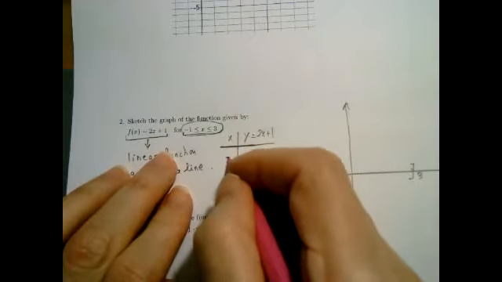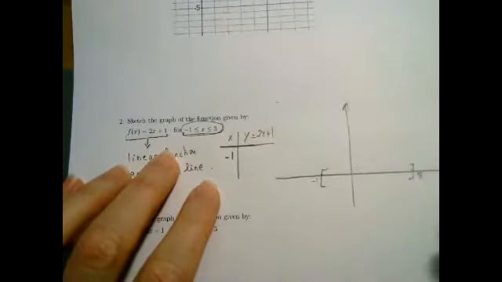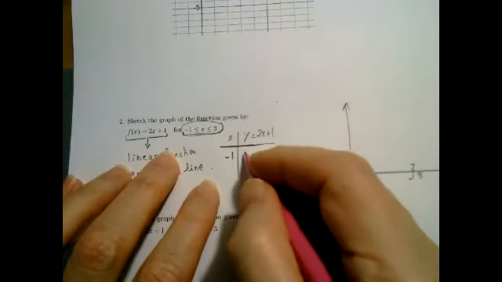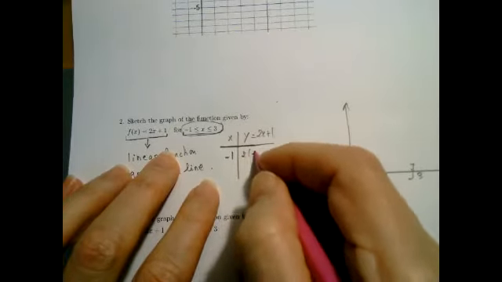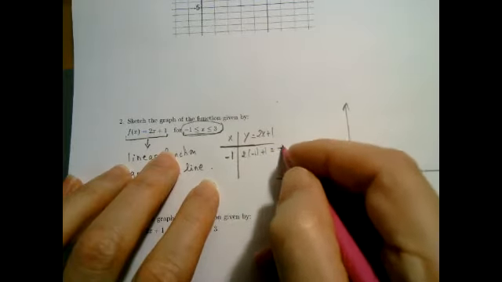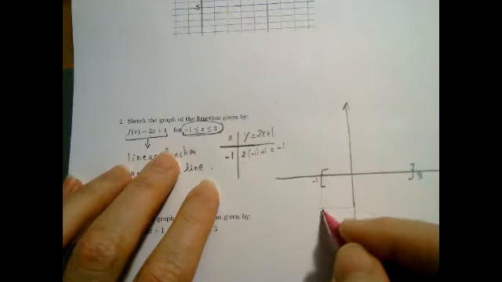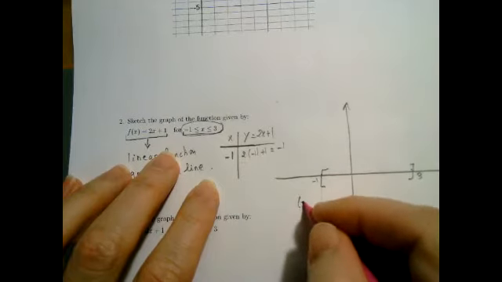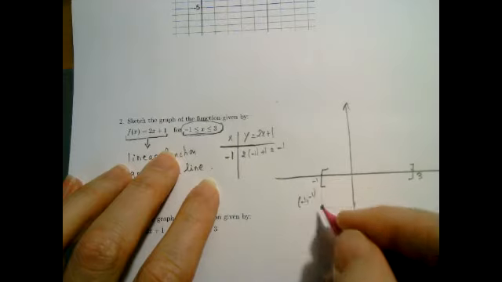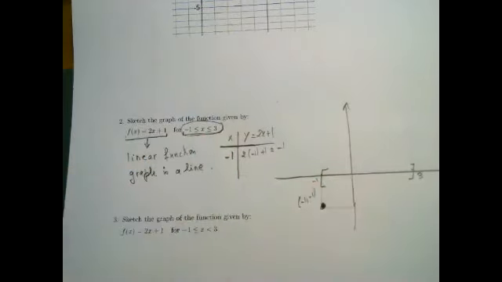So at -1, that's a line. If I know 2 points, I know the line. That's really the idea. So this would be 1 times -1 plus 1, which is 0. Means at -1, my output is 0. So that's 1 point, and this is closed because it's closed at -1.